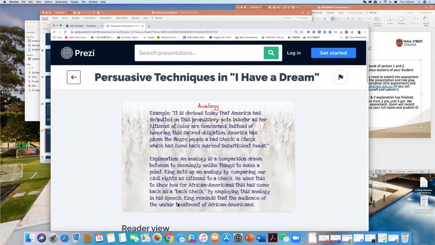It's in the speech of I Have a Dream. Let me find the place of this part.